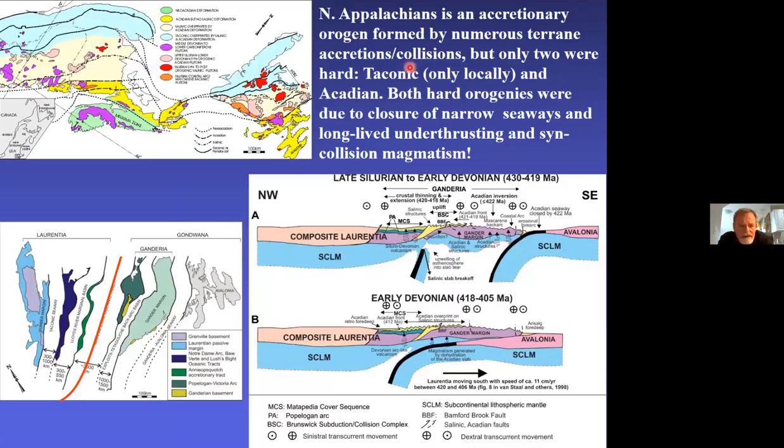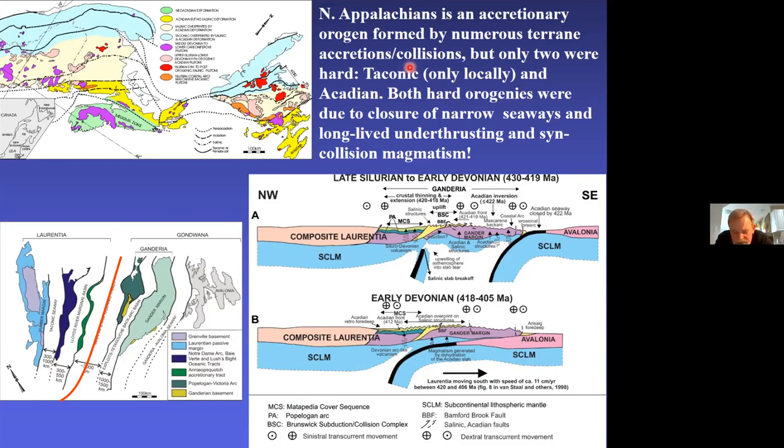So to conclude, the Appalachians are of accretionary origin. Lots of terranes were accreted, but only two were hard. Most were soft. The orogen shows both soft segments as well as hard segments, which must have been juxtaposed by significant strike-slip motion.